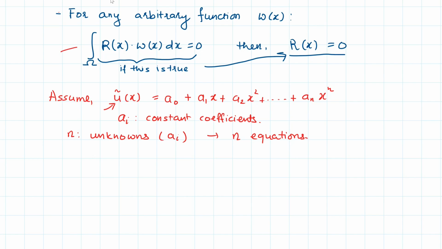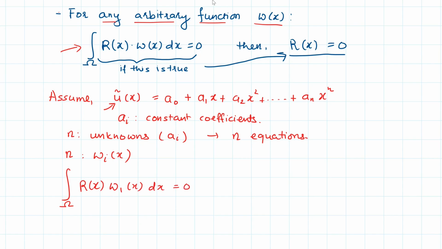Now revisit our integral equation. It mentions that for any arbitrary function w of x, if this holds true, then our r of x is equal to 0. So then I can come up with n functions wi of x, and I can write n such integral statements. For example, r of x times w1 of x dx is equal to 0.